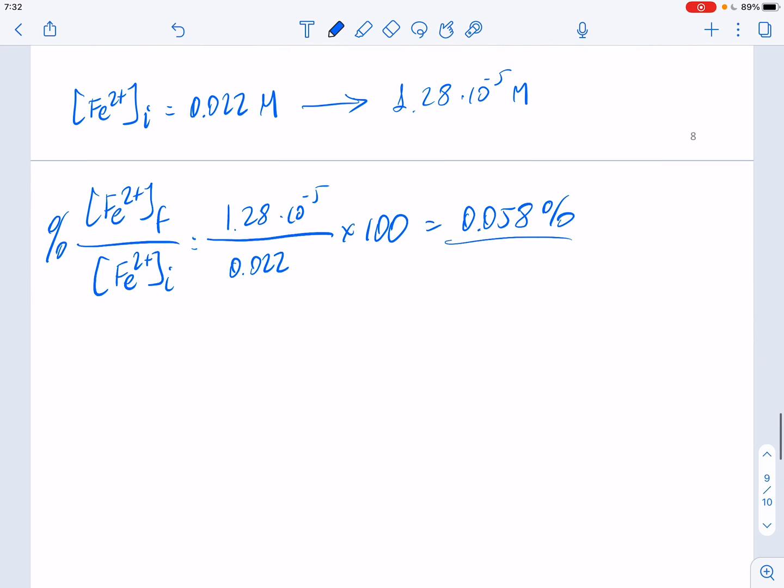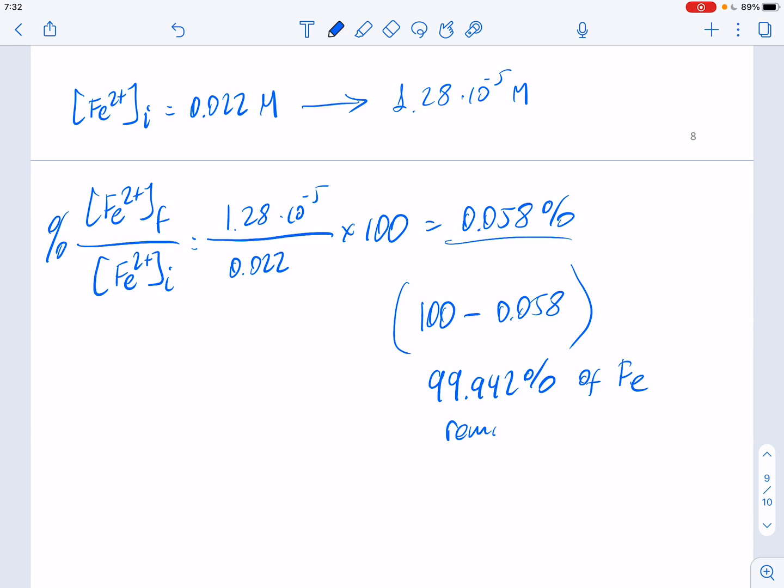In other words, if we take 100 minus 0.058, this is equal to 99.942%. What does that number mean? 99.942% of iron was removed before magnesium started precipitating.